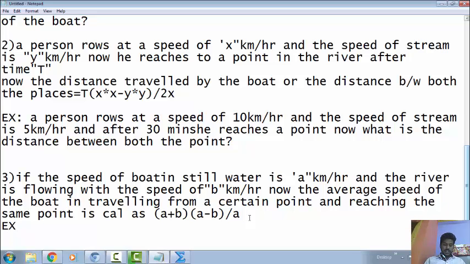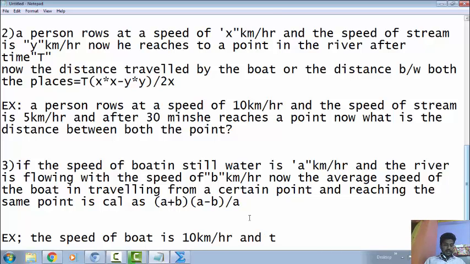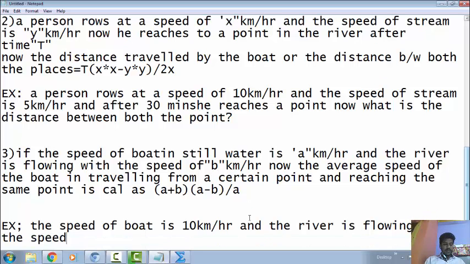I will give you an example problem over here. Example: the speed of the boat is 10 kilometers per hour, and the river is flowing with the speed of 8 kilometers per hour.